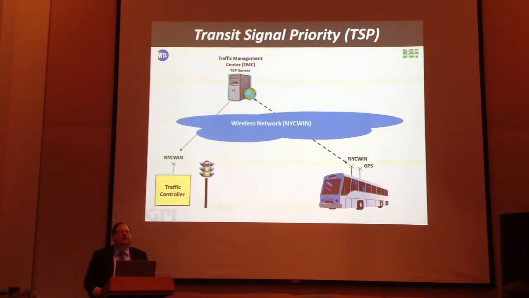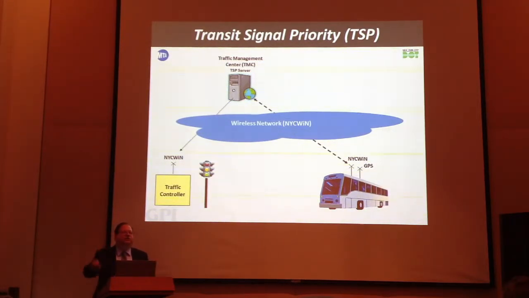Over the last decade, the city has not only been putting in the wireless infrastructure, but they've been putting in solid-state traffic controllers. About 9,000 of the traffic controllers have already been upgraded, meaning today a central traffic management center in Queens can communicate to any one of the 9,000 traffic signals connected. Within the next couple of years, they will complete the system and all 12,500 will be connected.